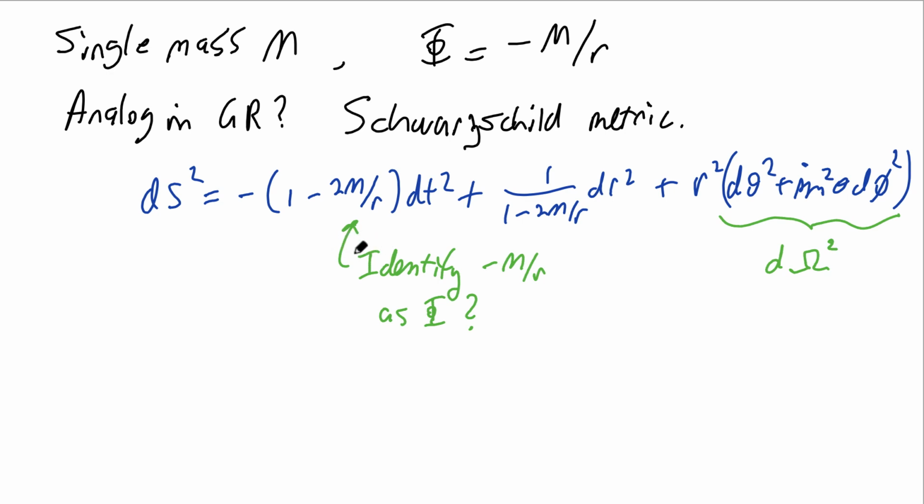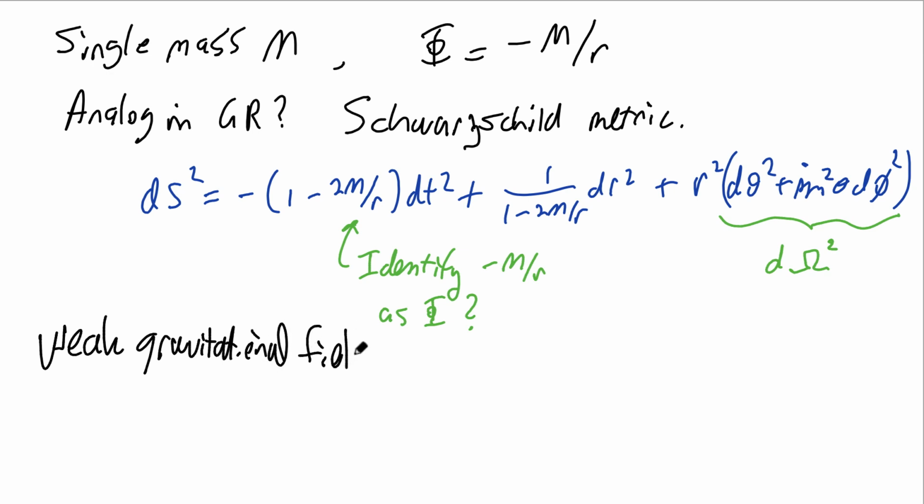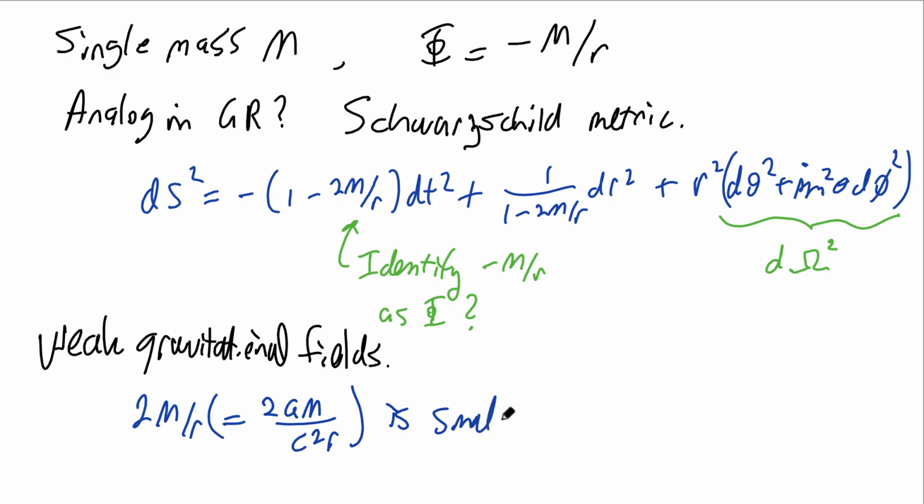So we'll be dealing with weak gravitational fields. That means 2m over r, which you'll recall is 2GM over c squared r, is small.